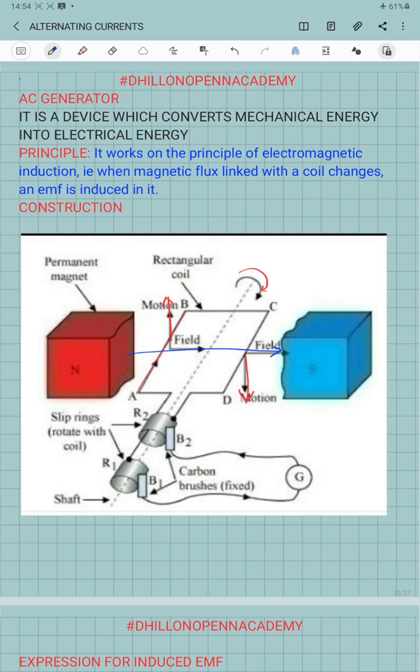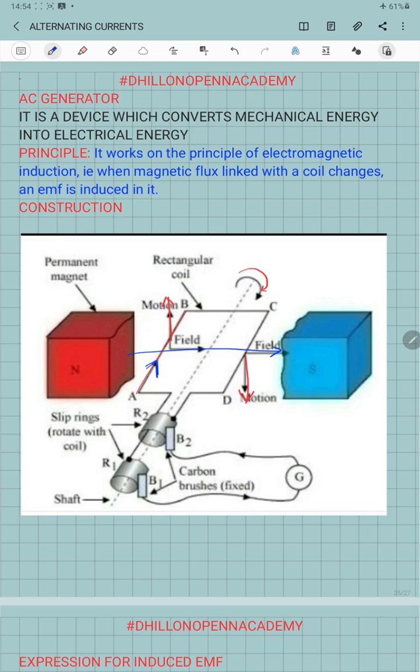So if we point our thumb in the upward direction, index finger in the direction of the magnetic field, then the middle finger, indicating the direction of induced current, is pointing perpendicular to the plane of paper away from us, that is from A to B. So the induced current in the arm AB is flowing from A to B.